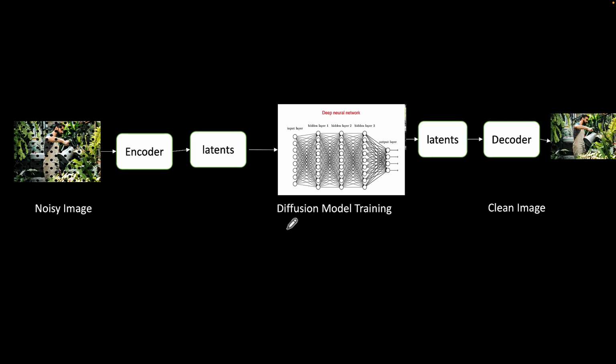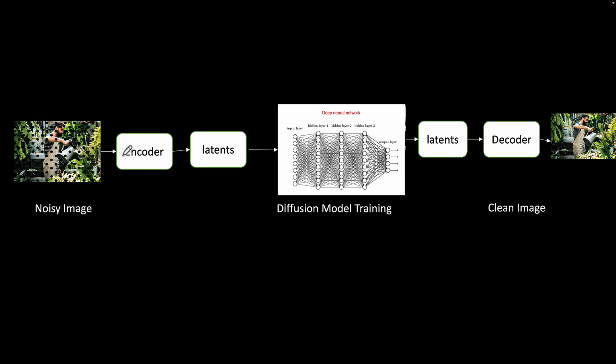Going a little bit deeper, the diffusion model doesn't directly work on the image. It works on the latents, which makes it really fast. Latents are nothing but a lower dimensional representation of an image. So here is a noisy image as an input. We pass it through something called an autoencoder.